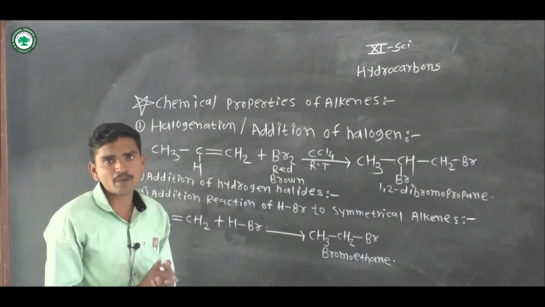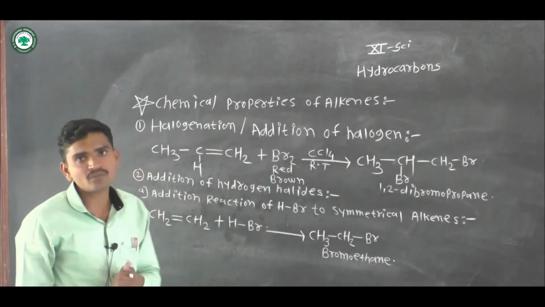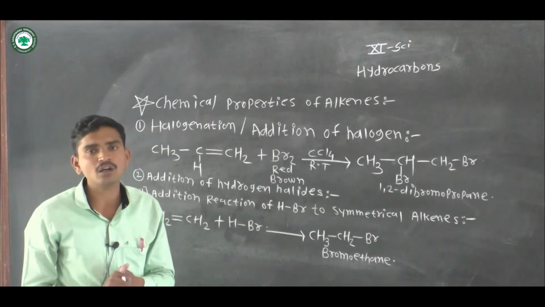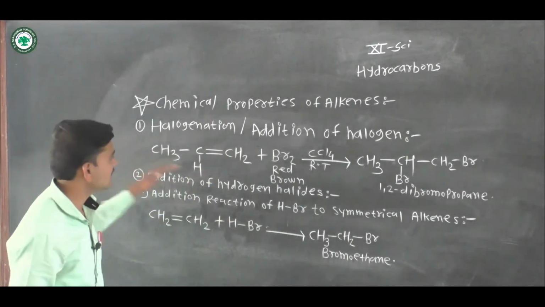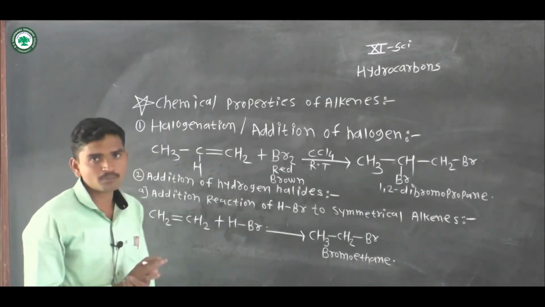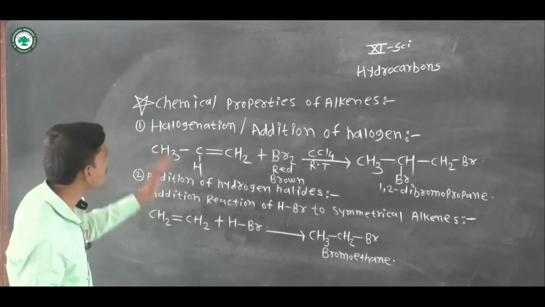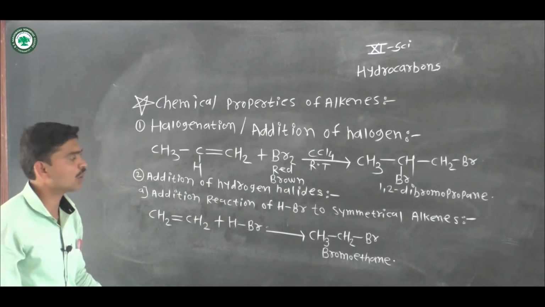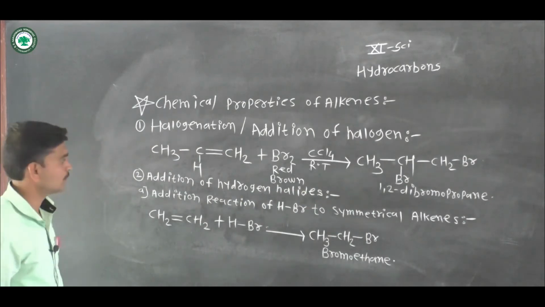The color disappears. Then we can easily find out unsaturation in the unknown compound by using Br2, bromine, which is red-brown. This is the halogenation reaction, or addition of halogen.